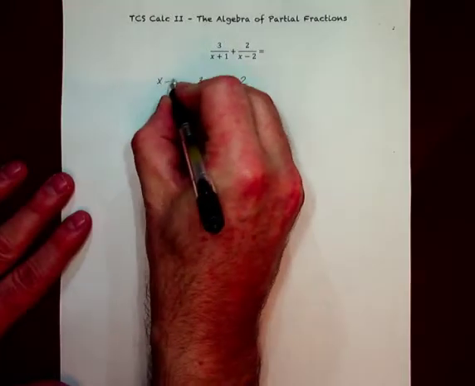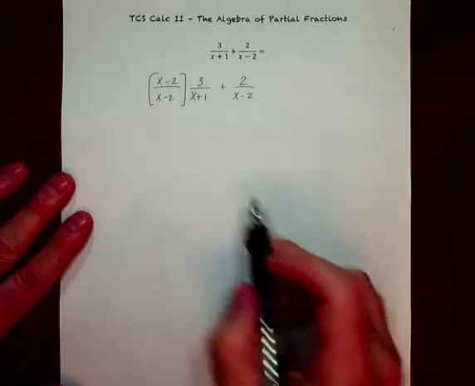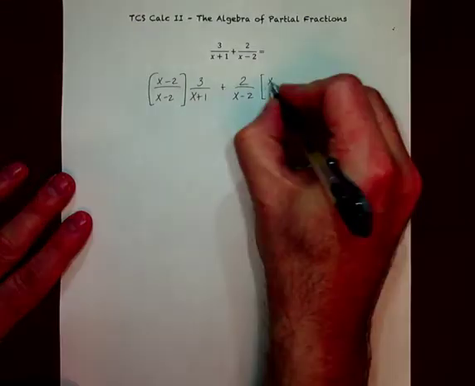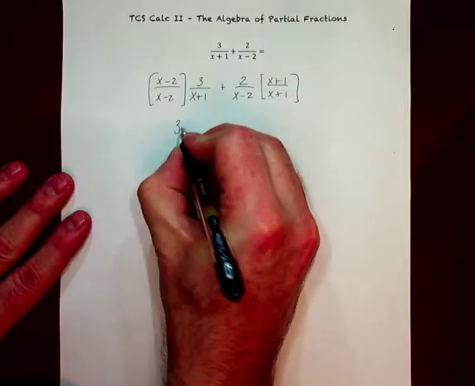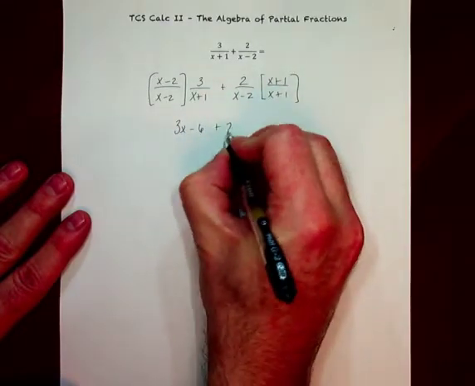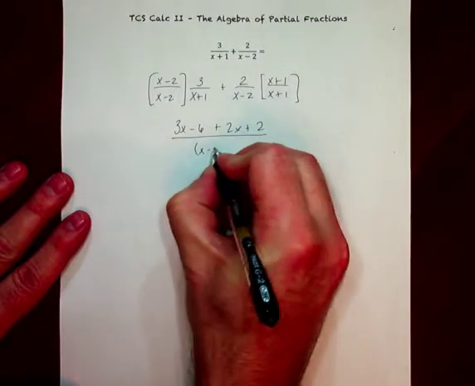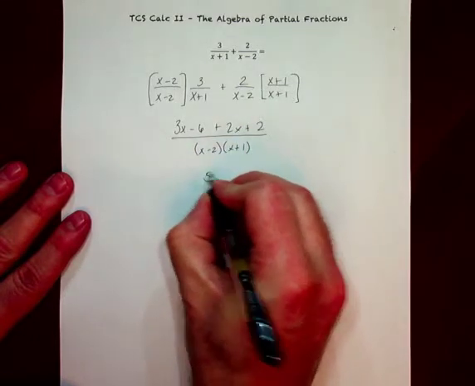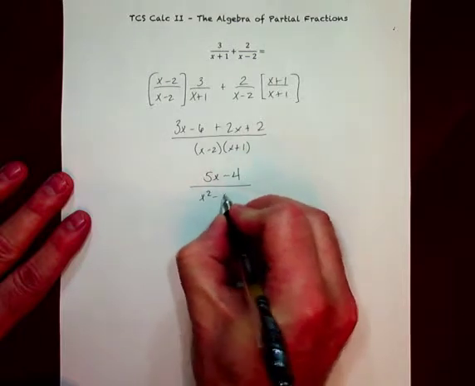So this one has to be multiplied by x minus 2 over x minus 2. And what factors are here that are not here? And you get x plus 1 over x plus 1. This winds up being 3x minus 6 plus 2x plus 2, all of that over x minus 2 and x plus 1. And this winds up being 5x minus 4 over x squared minus x minus 2.